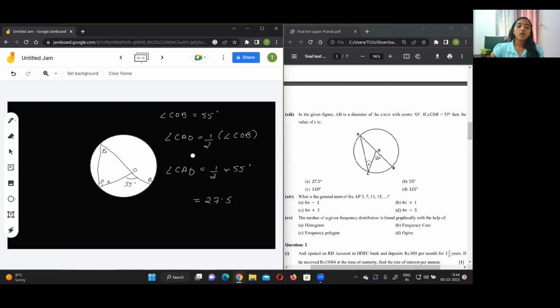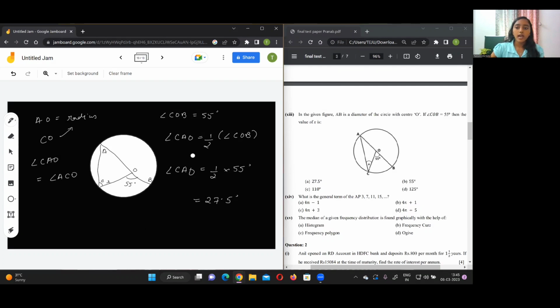27.5 degrees. Now we know that AO is a radius, right? Similarly, CO is also a radius. So therefore, angle CAO should be equal to angle ACO, right?